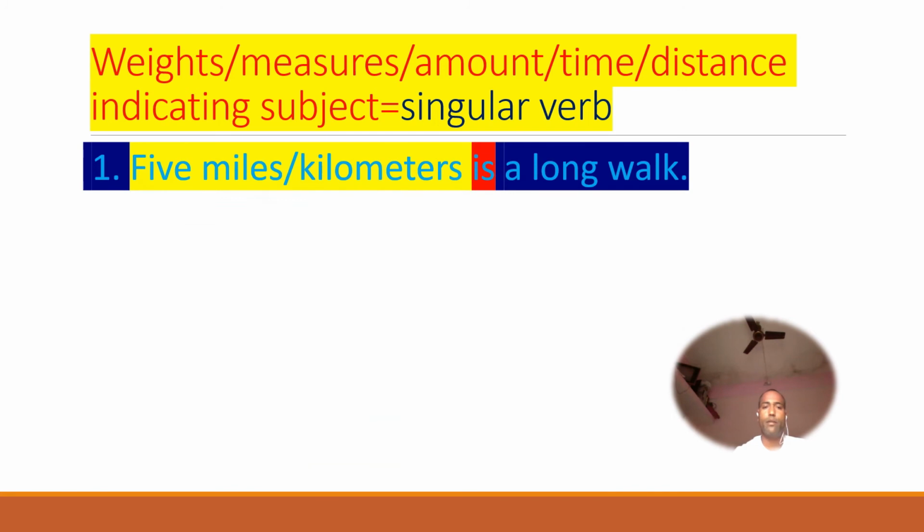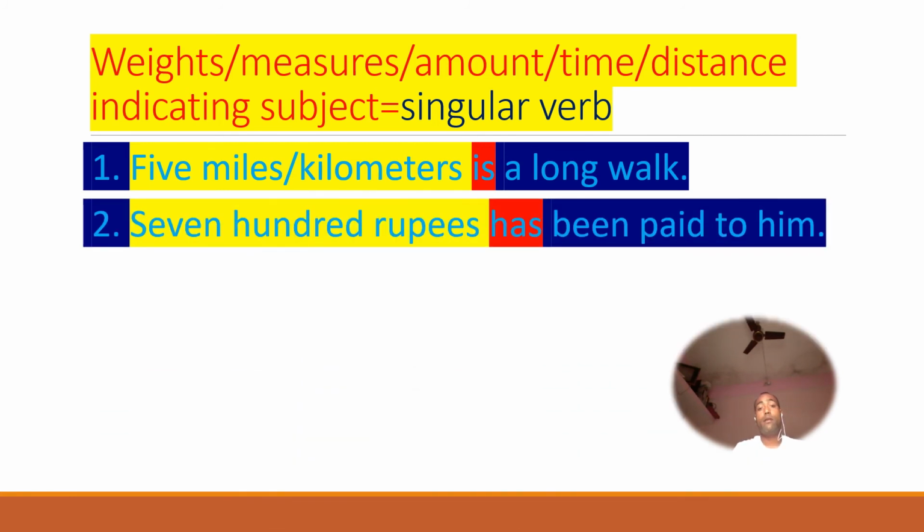Let us see the example. It will be very interesting. 5 miles or 5 kilometers is a long walk, not are a long walk. Why? Because 5 miles or 5 kilometers is a measure. 700 rupees has been paid to him, not have been paid. Why not have?